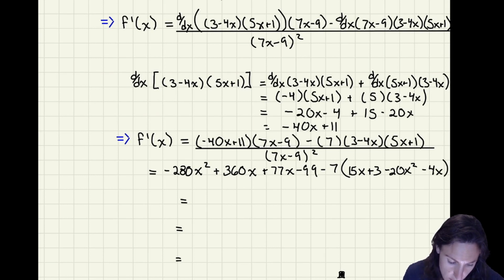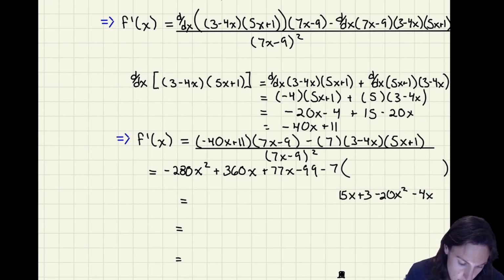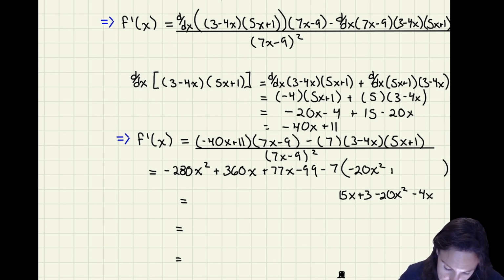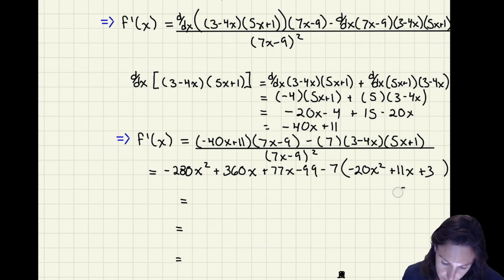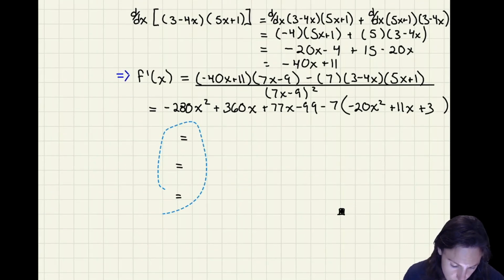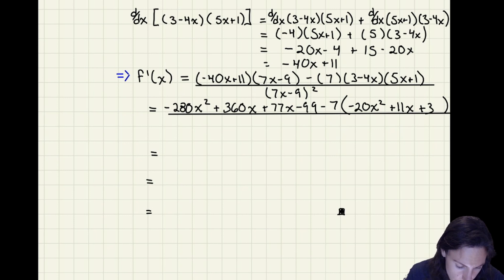Okay, so in other words, I'm going to cheat, bring this down. So I have negative 20x squared, and then I have plus 15x minus 4x, so that's plus 11x. And then our constant, we just have a plus 3. Okay. And then, of course, this is all divided by 7x minus 9 all squared.